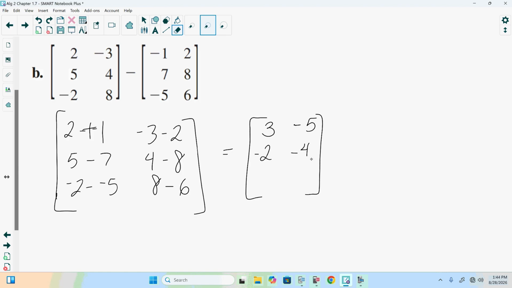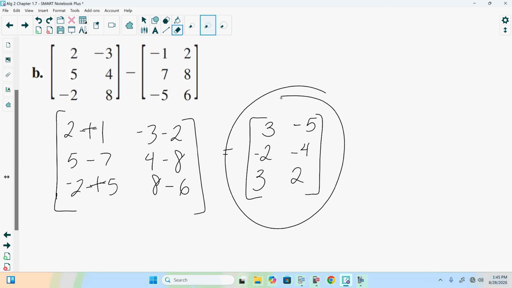Negative 2 minus negative 5, well, the negative makes a plus. Negative 2 plus 5 is 3. And lastly, 8 minus 6. Questions on this here?